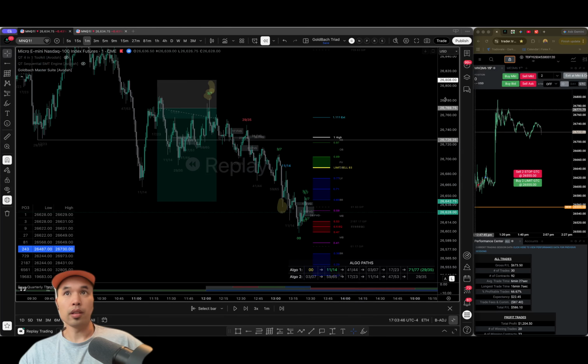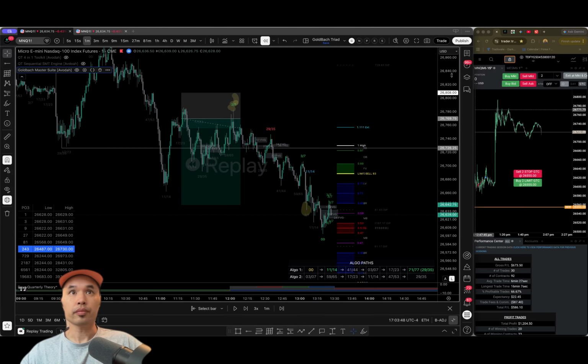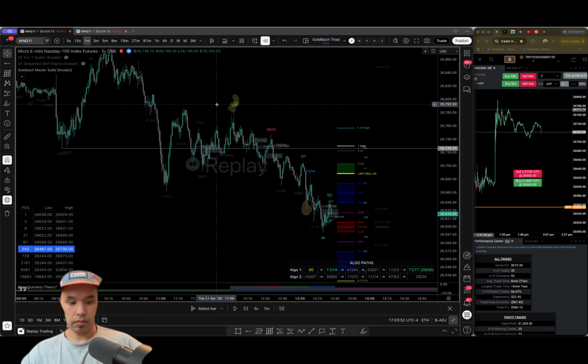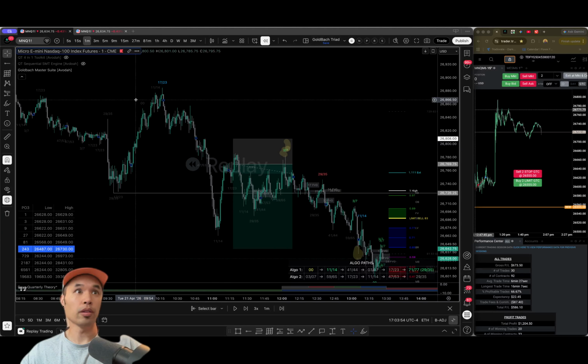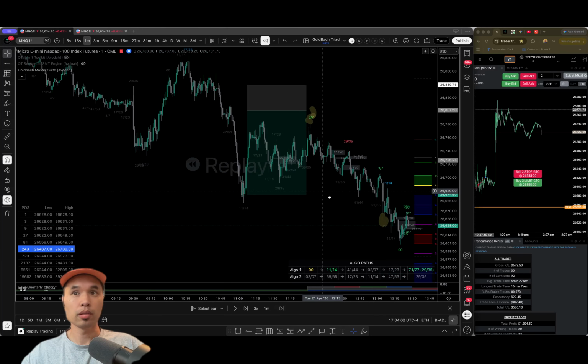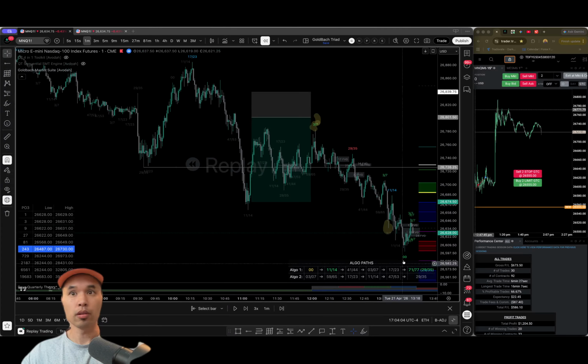The logic, just to summarize, is that we're using these anchor nodes. We have an end node here. We have the reverse algo for algo 1. Here we swept and stayed below 29.35, which means we're bearish.